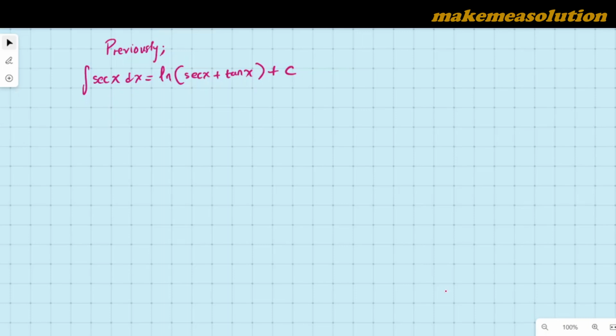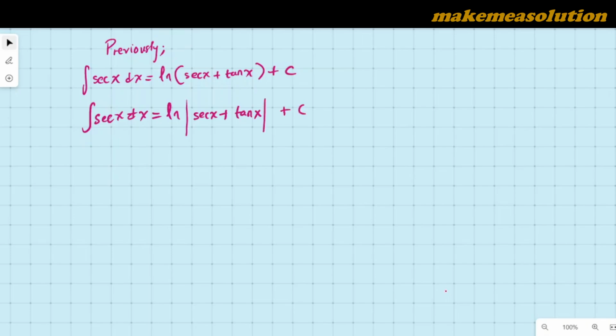The exact way of writing this particular integral is this. Integral of sec x dx is ln absolute value of (sec x plus tan x) plus c.